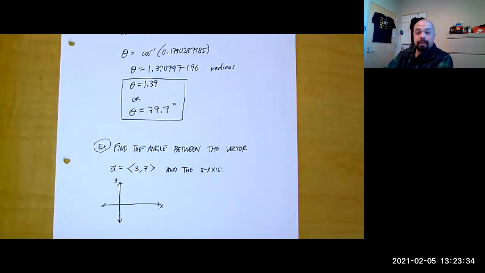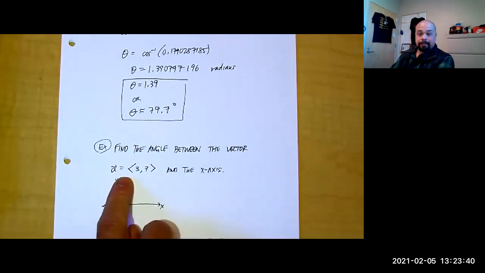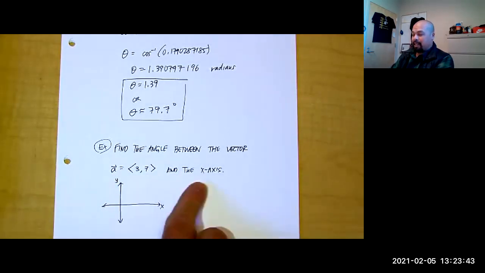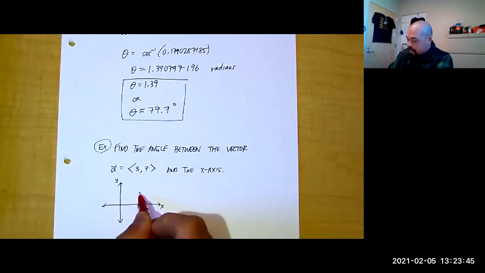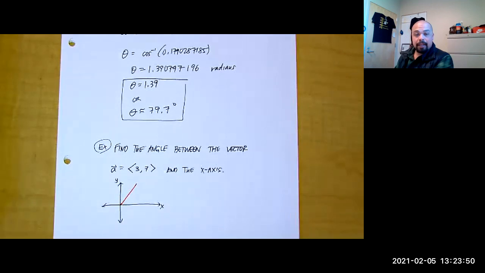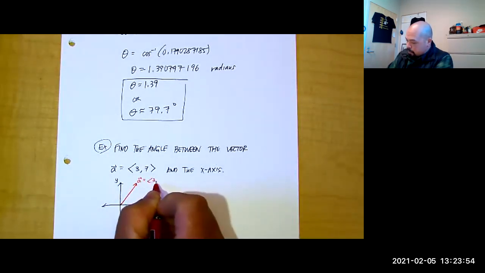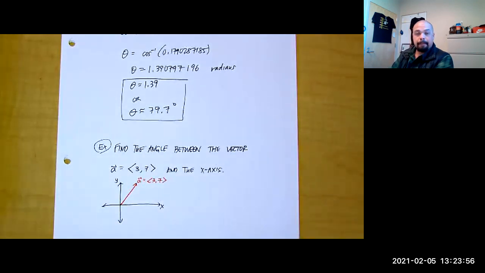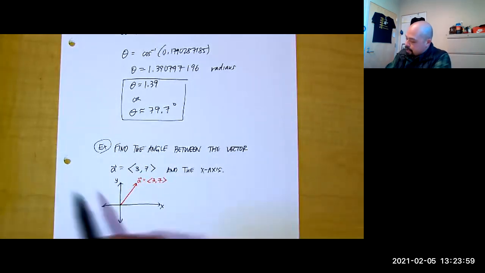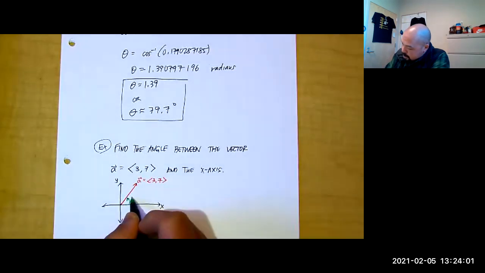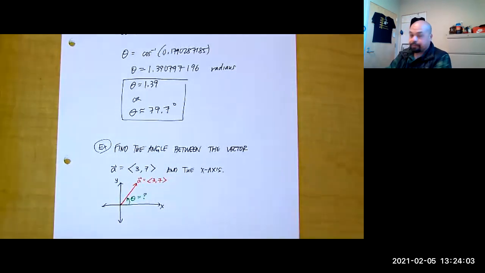So one means of doing so, right, this vector A can be anywhere in space. But we're trying to figure out, okay, what is the angle between this vector and the x-axis? So if I imagine planting the tail at the origin, having my vector A be here, okay, we're trying to find the angle between the x-axis and that vector.